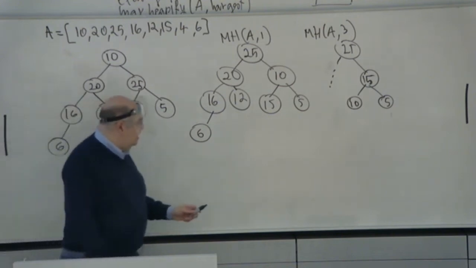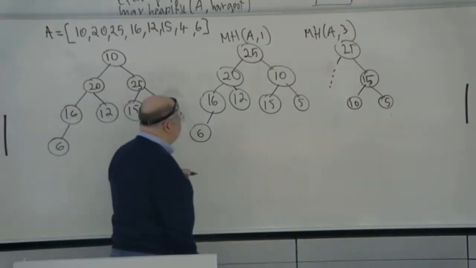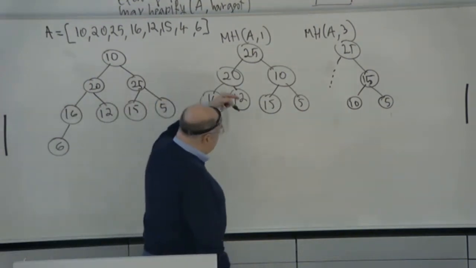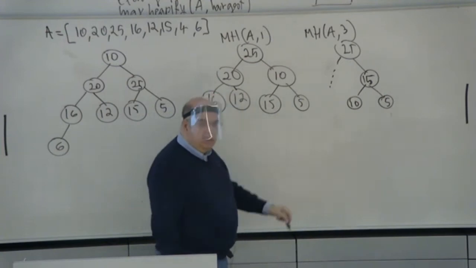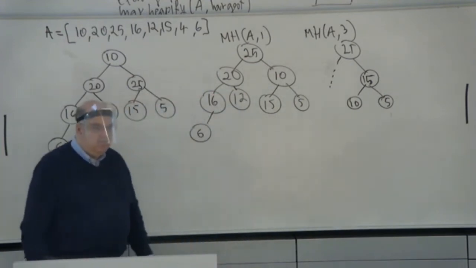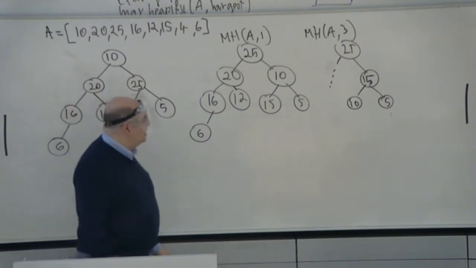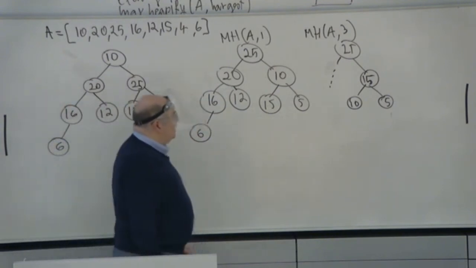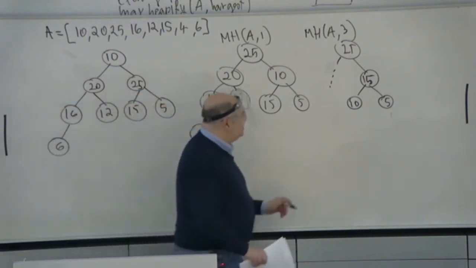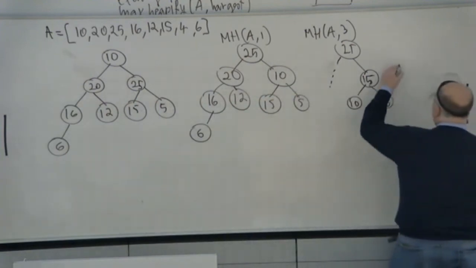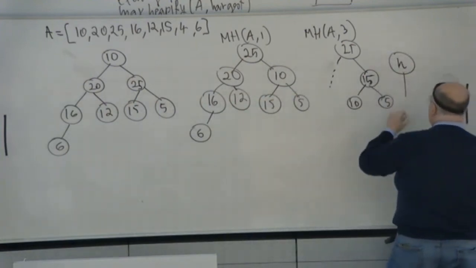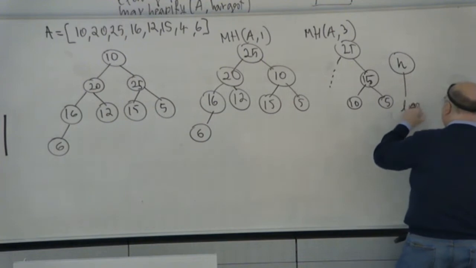And so this takes constant time. And then you are going down in the tree. So in practice, essentially what you are doing is taking log time, which is at worst proportional to h, but h is log n.